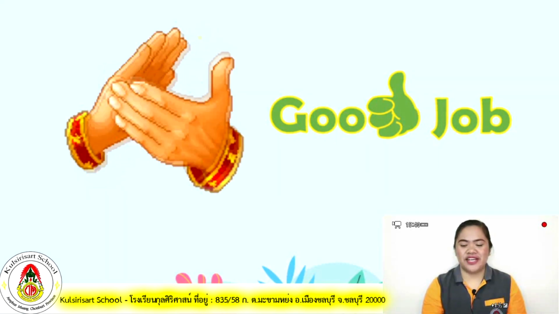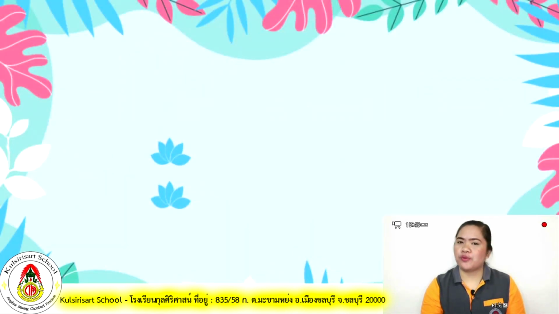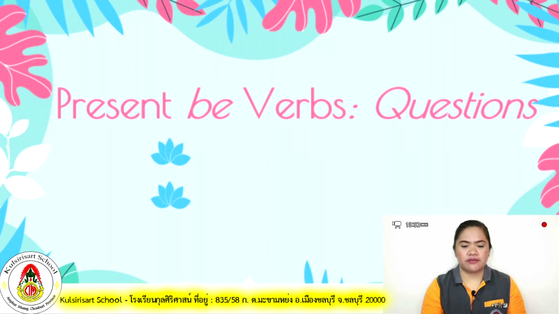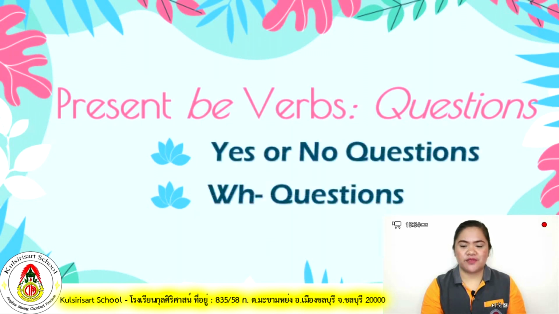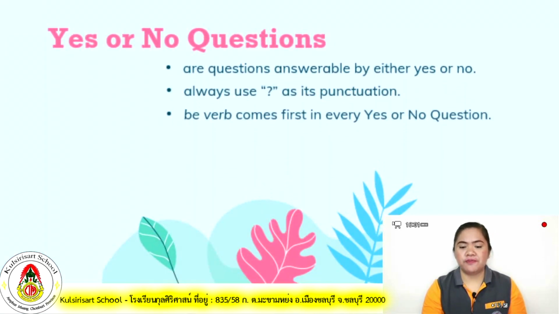Good job, students. You really did great today. But before we end this topic, let's have a recap of what we talked about. Present be verbs, questions. We talked about yes or no questions and WH questions. When we talk about yes or no, it should be answerable by, of course, yes or no. And it ends with a question mark.